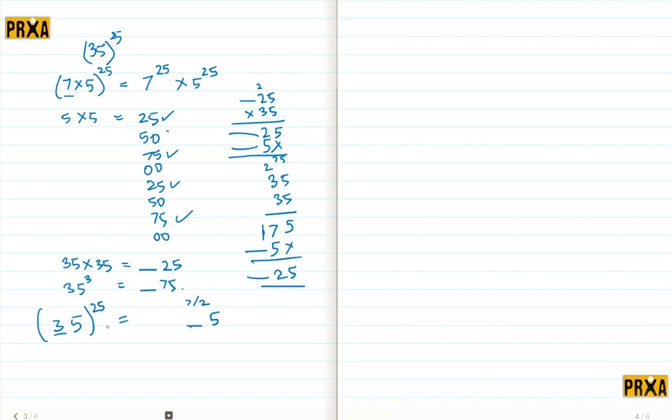Now if this number adds up to an even number, so this 3 is going to add to itself 25 times, if this adds up to an odd number, 25 times 3, I'll give it a 7. However, if the power were 28, 3 gets added 28 times, I get an even number, 3 times 28 is even.